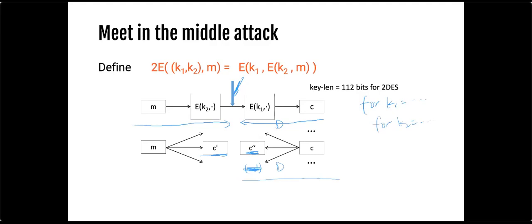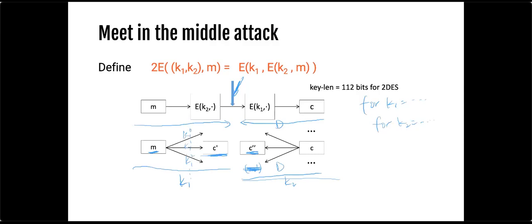Okay. And that means what if you generate this part first for different K1, and then you generate this part for different K2. Given an M, you generate all the possible C primes given different K1. That is K1,0, K1,1, K1,2, etc. And then for different values of K2, you also generate that.